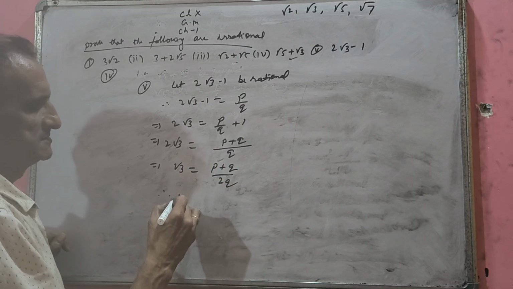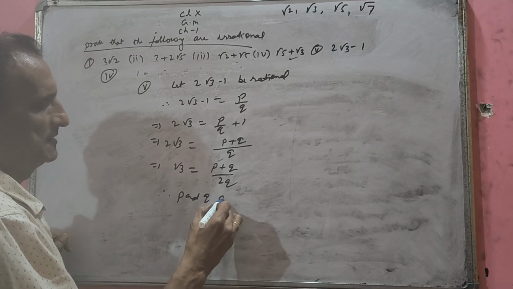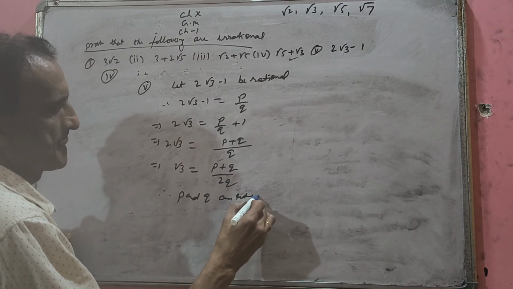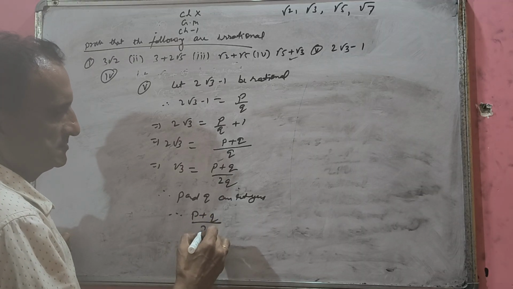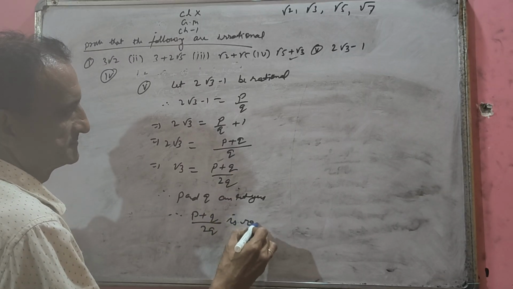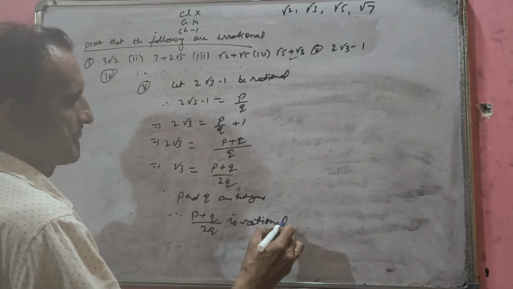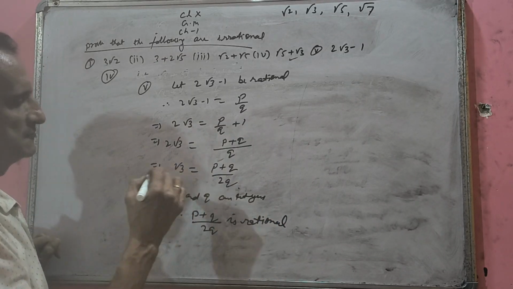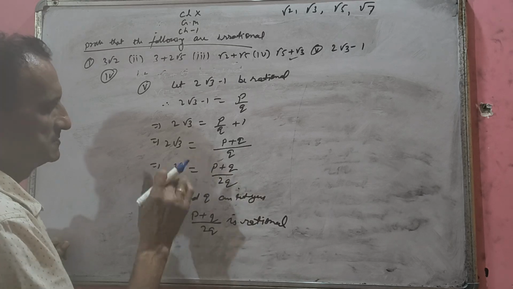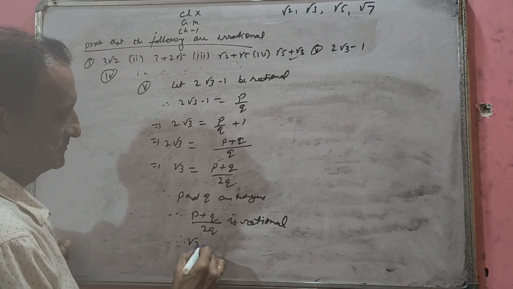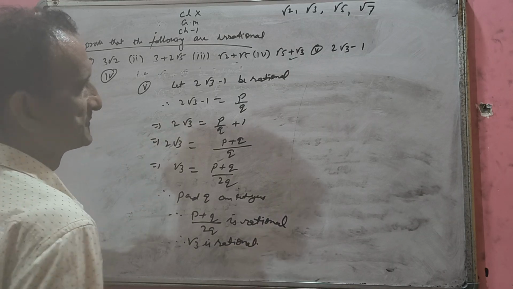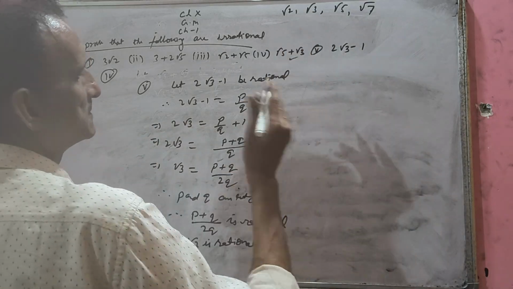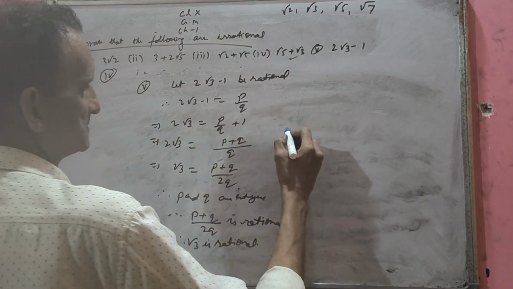Same thing, since p and q are integers, therefore p plus q by twice q is rational. Now see, this is equal to this and this is rational, so this should be rational also. Therefore root 3 is rational. And this is a contradiction because already you know that root 3 is not rational.